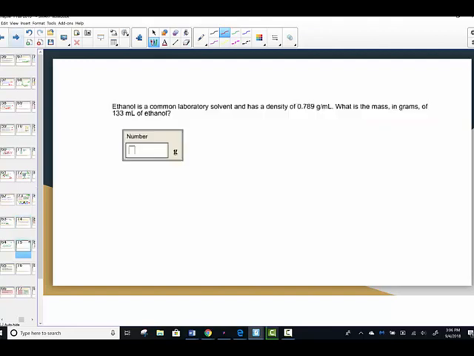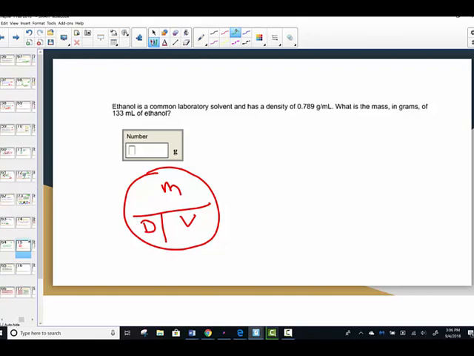Let's try some from your homework so you become confident in using what I call the round little buddy of density. Mass over volume is defined as density. I like to use that to fill in the quantities as we find them. The density of ethanol, which is a common laboratory solvent, has a value of 0.789 gram per mil. What is the mass in grams if it has a volume of 133 milliliters?